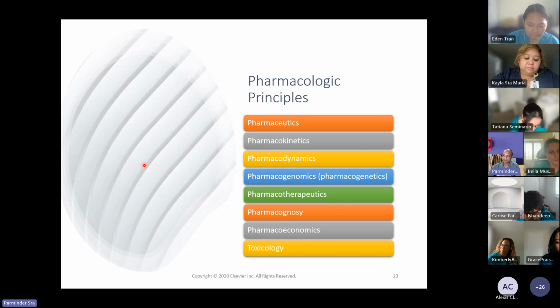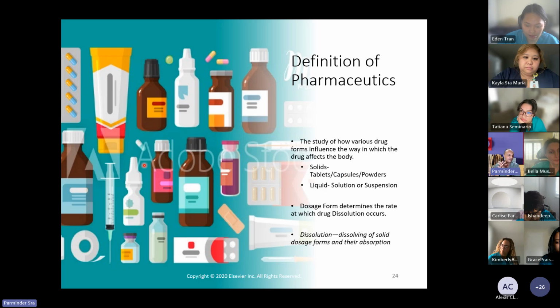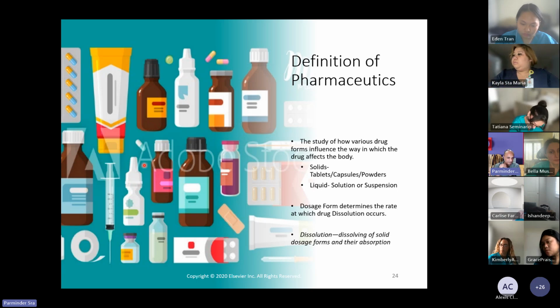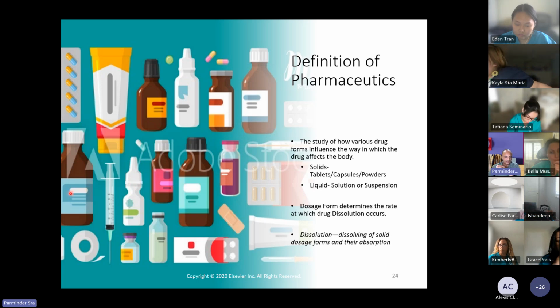First of all, let's talk about pharmaceutics. That was the one on the top. Pharmaceutics, what is that? Let's break it apart. This is the branch of pharmacy that deals with the process of turning a chemical entity or an old drug into a safe and effective medication.